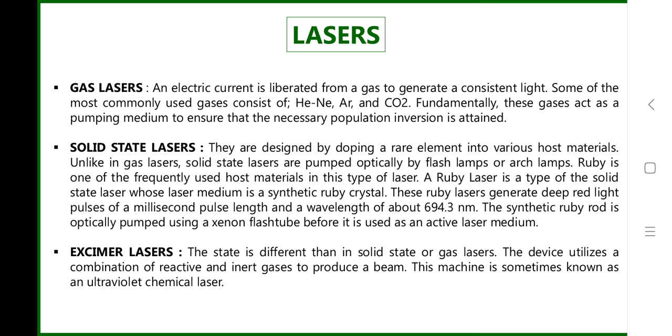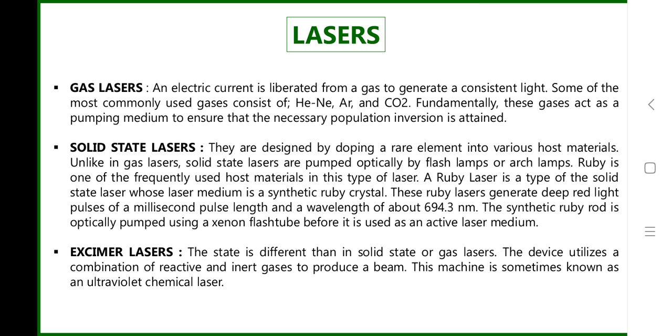These ruby lasers generate deep red light pulses of a millisecond pulse length and a wavelength of about 694.3 nanometer. The synthetic ruby rod is optically pumped using a xenon flash tube before it is used as an active laser medium. So this is about solid state laser.